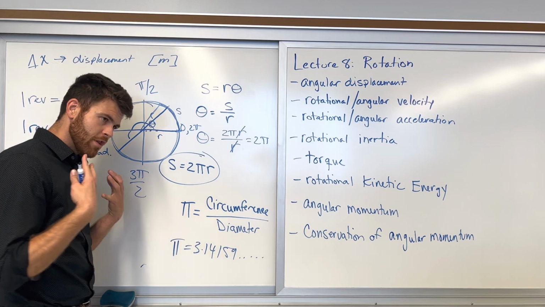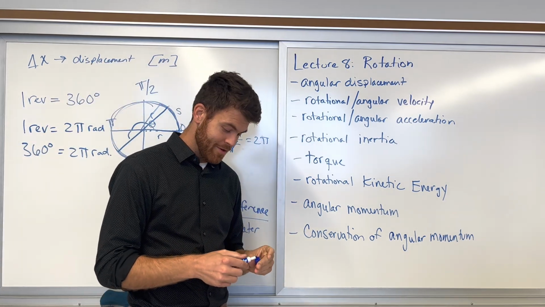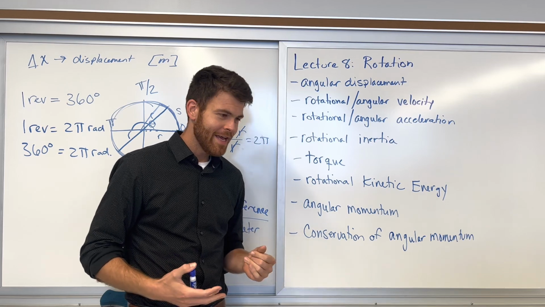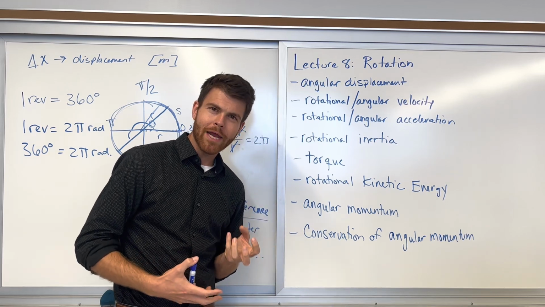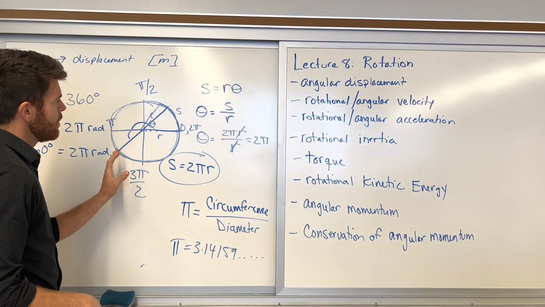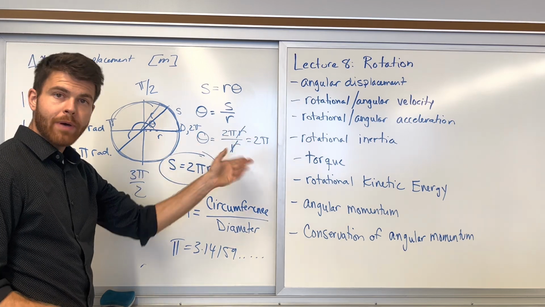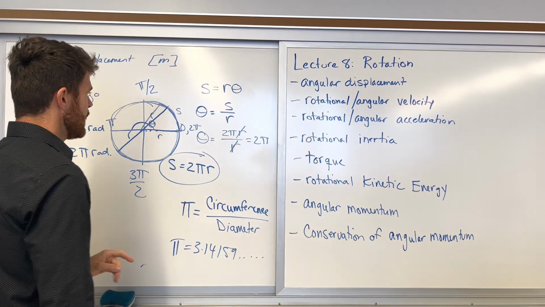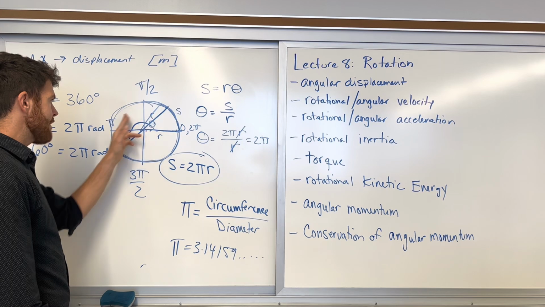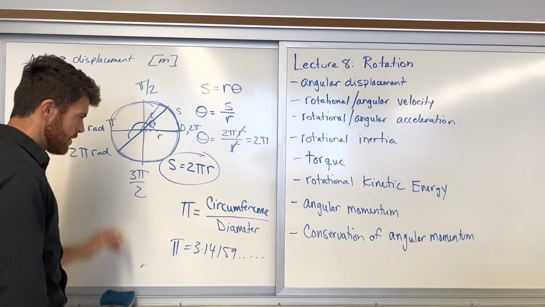It's just one of those objective truths of the universe that make the universe such a beautiful place, that there are these hard programmed numbers into it. So that's where pi comes from, right? And so 1 revolution is equal to 2 pi radians, right? And 1/2 revolution, or 180 degrees, is equal to pi radians, and so forth.